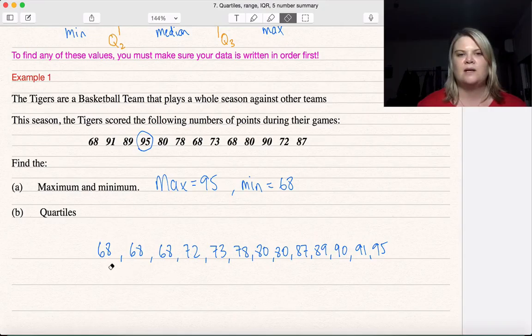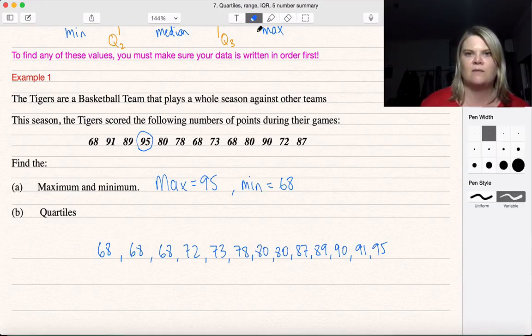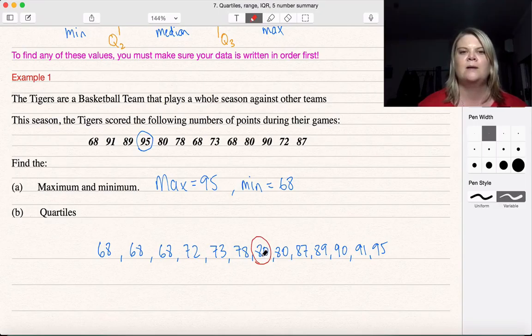So halfway is going to be at 6. There'll be 6 on that side, 6 on that side, and the 7th one is the halfway point. We don't have 2 numbers in the middle, we've only got 1, so we don't need to find an average. So the median is 80, and that is also Q2.